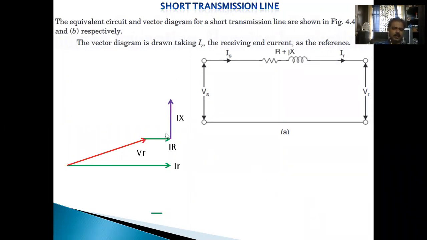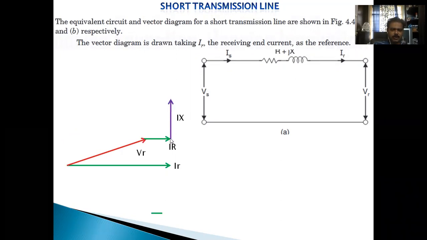Since this is what I have taken as the reference, the voltage drop is the current multiplied by the reactance, at an angle of 90 degrees. In case of inductance, the current always lags behind the voltage by 90 degrees.